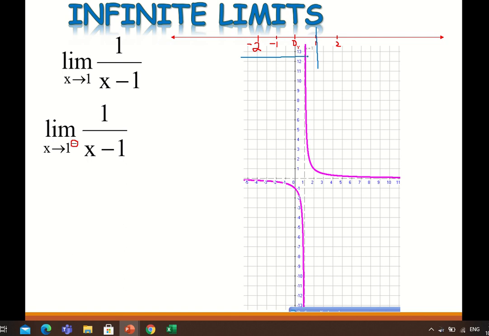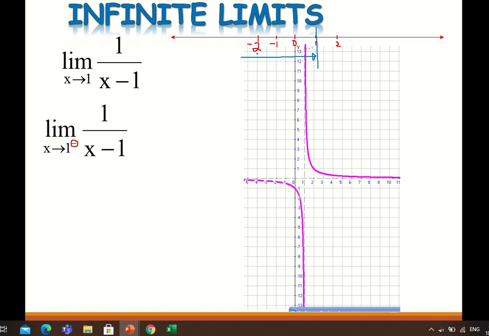So what are the values that x can assume? We have negative 2, negative 1, and so on and so forth until you reach positive 1. If you are going to substitute the possible values of x as it approaches 1.